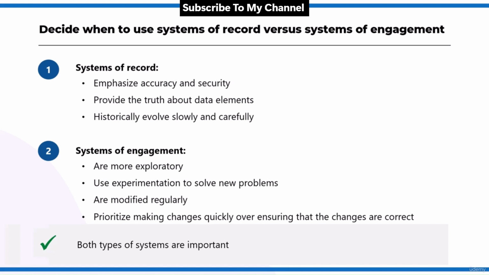There are perceptions that DevOps suits system of engagement more than system of record. Now, the lessons from high-performing companies show that that is not the case. DevOps is perfectly suitable for both types of systems, whether you are working with system of records or you're working with systems of engagement. DevOps is going to be perfectly suited for both.